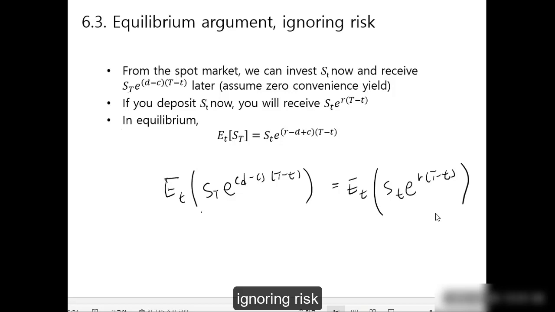So the story is, if you're an investor, you have two choices. You could put your money like this, or you could use your money for this. If this is really your money, let's say you are thinking of putting your first $1 million either into a bank for 6 months, or into some stock for 6 months.